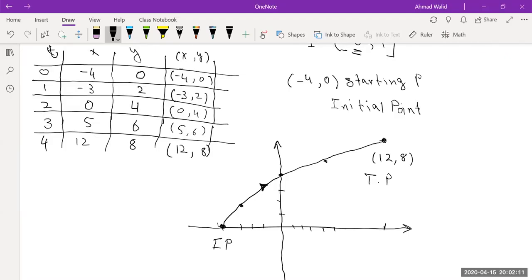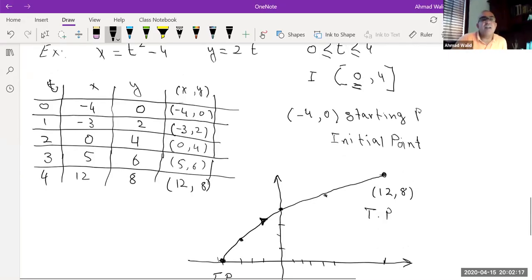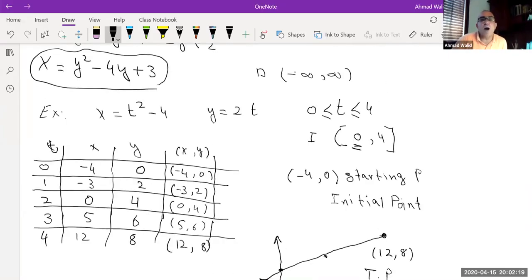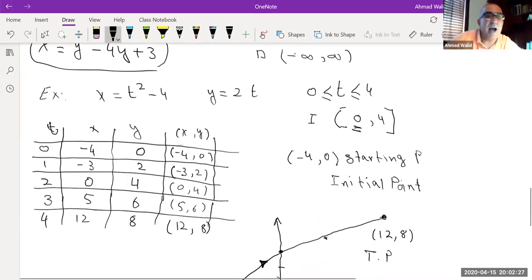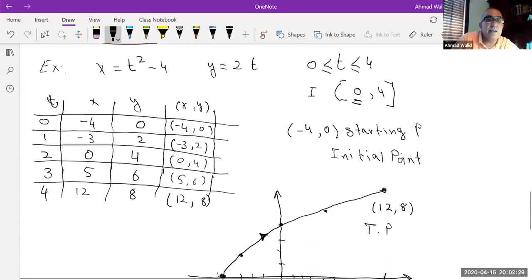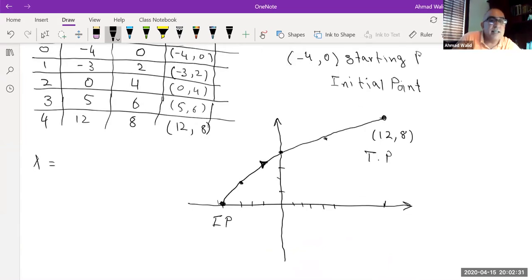Okay. Now can we make a simple function, a function of x in terms of y, out of these two parametric equations? Let's see if we can do that. I have x equals t squared minus 4, and I have y equals 2t.